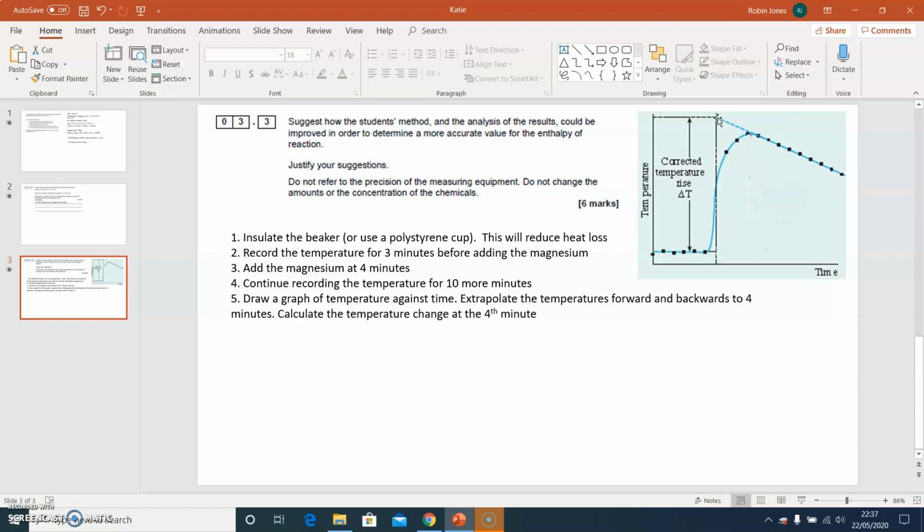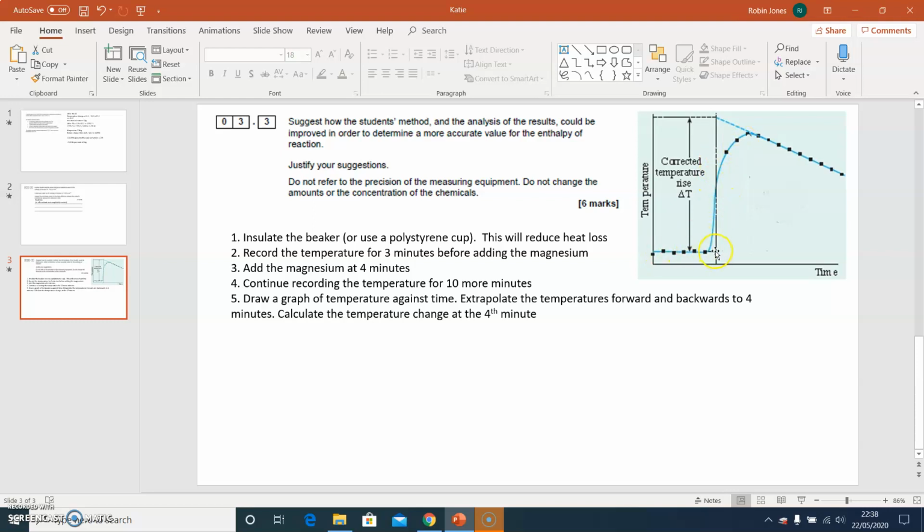So a thermometer takes a little while to get to temperature, and then it cools down. If it had measured the temperature straight away like a digital thermometer does, it would have just gone straight up and then straight back down. So we need to measure this change and try and imagine what would happen if we had a better thermometer.